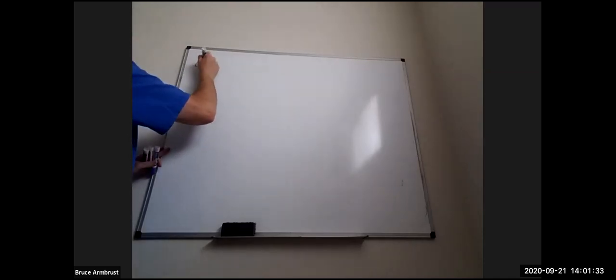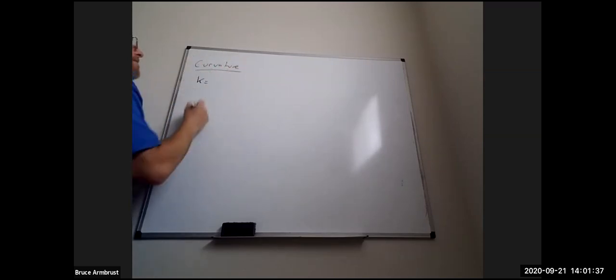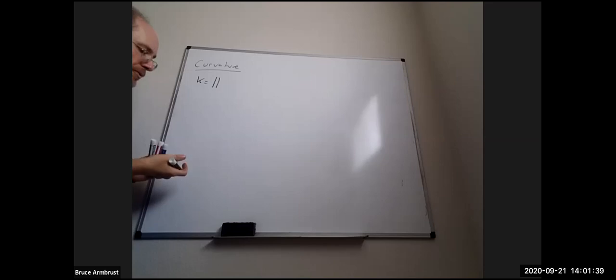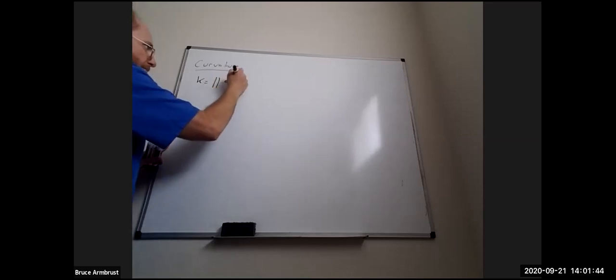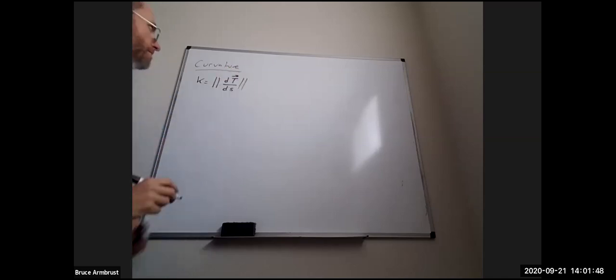So that's why we had to do this first, okay? So we define curvature as k equals the magnitude of dT/ds.